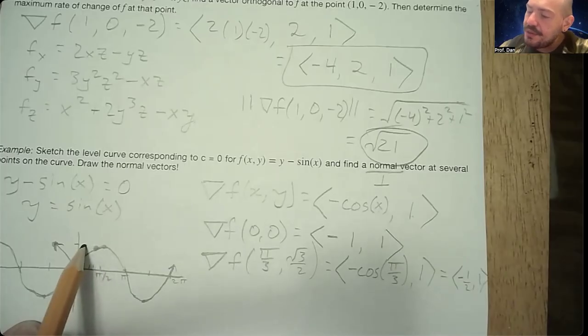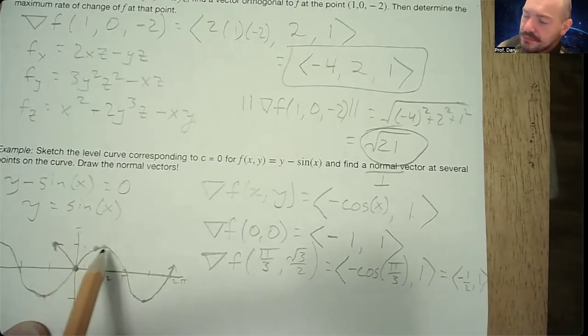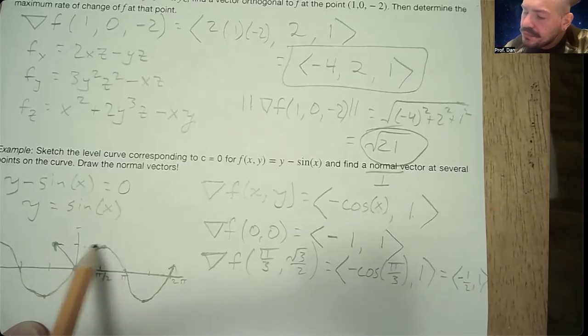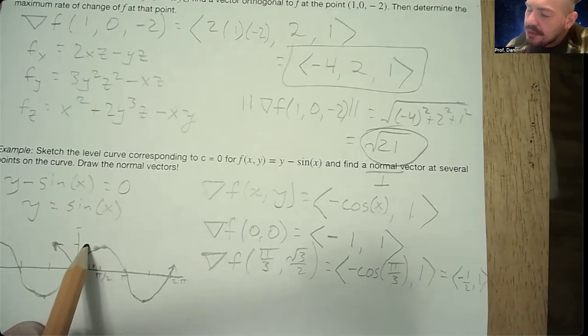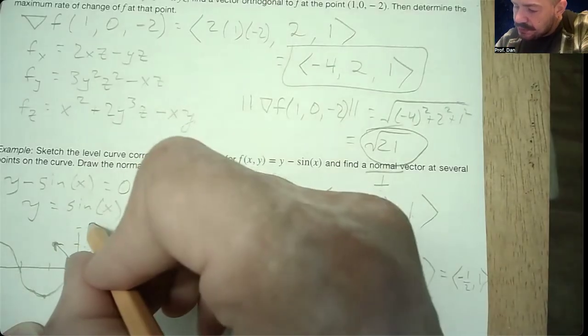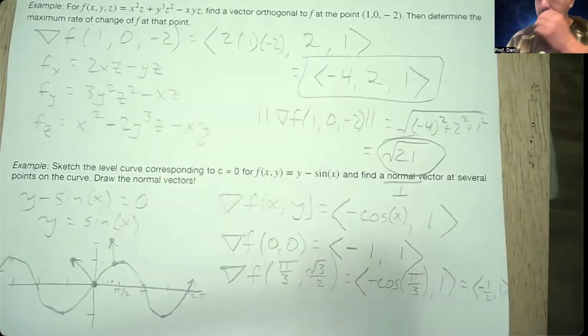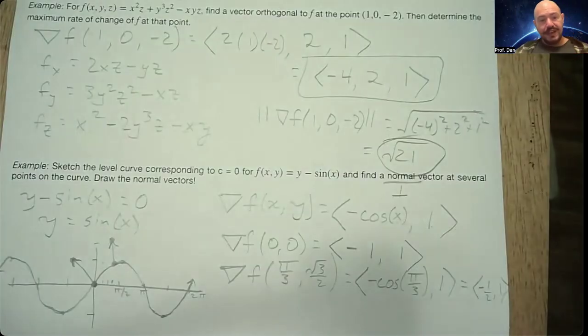So almost back to the origin, and then up 1. Well, let's see. It's pi over 3. Yep. So it'd be about right there. And if you look at that, there we go.